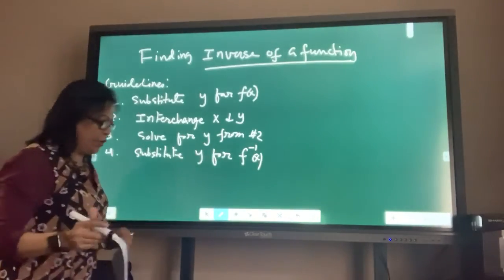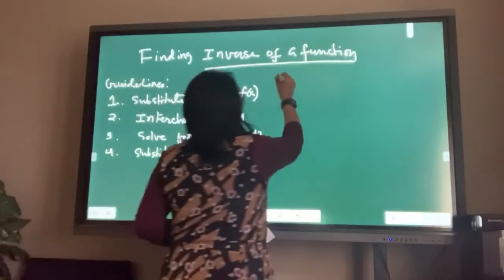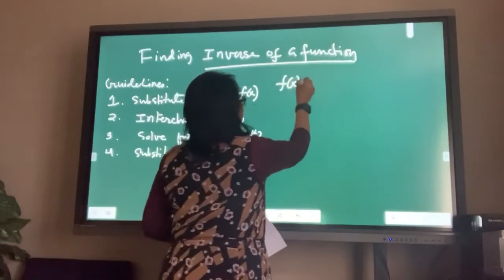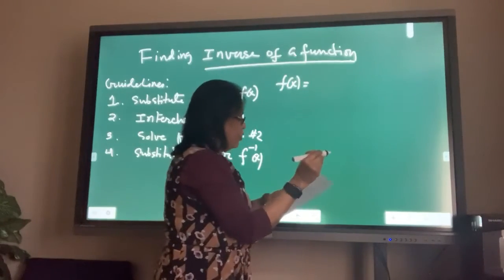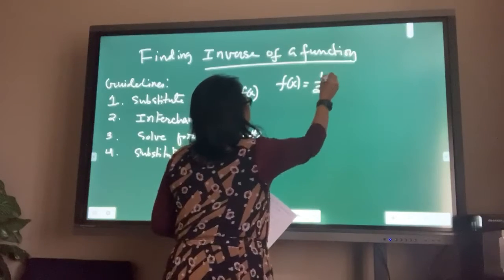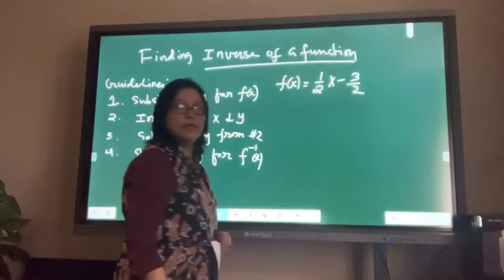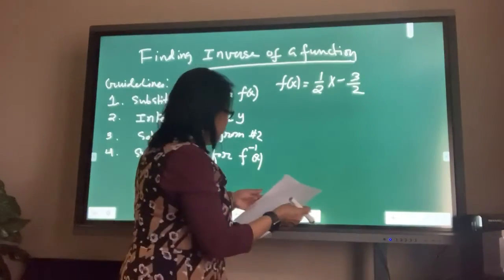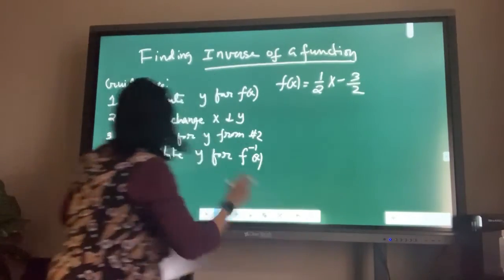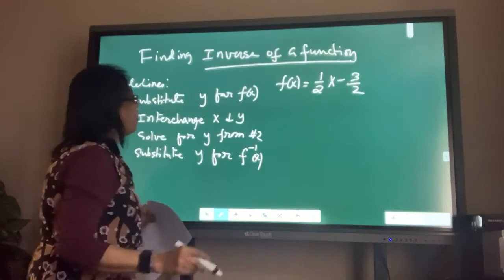So let's take a look at an example. So let's say our function is f of x is equal to 1/2 of x minus 3 over 2. This is our function. Now, following the first guideline, substitute y for f of x.